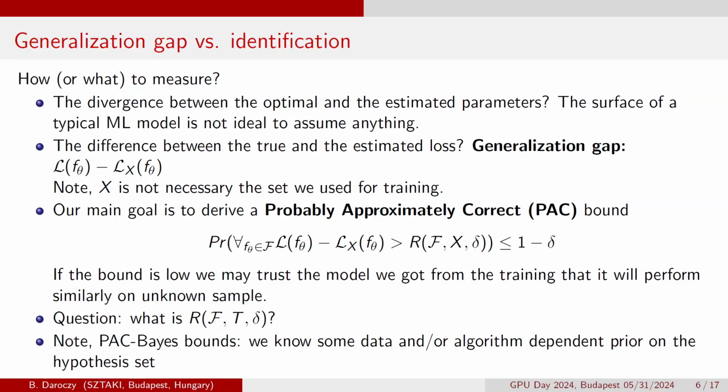The main idea is that we have an algorithm and data. If we have a large hypothesis class, we cannot arrive at all of them. So there is some subset which is possible, and with that knowledge, we can have a tighter bound.